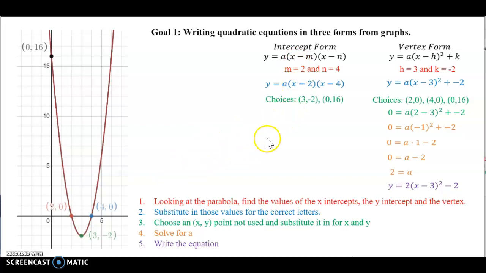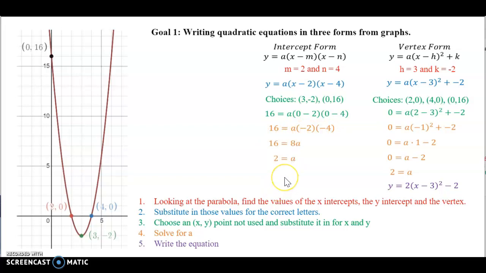And then now you can choose either (3, -2) or (0, 16), the 2 points that you did not use. I'm going to choose (0, 16) just because it's easy. So 16 is the y value and 0 is the x value. Substituting that in, you are left with -2 times -4 times a is equal to 16, and 8a is 16.